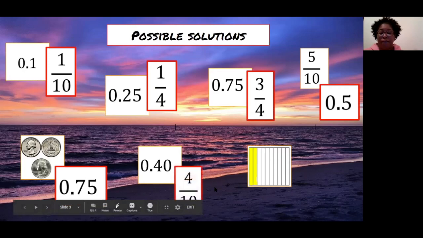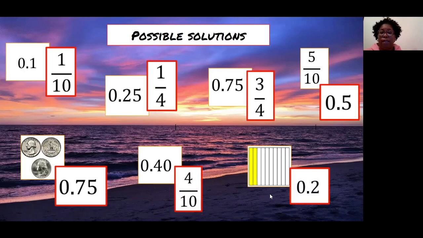Some of you may have written 4/10 because you remember that they name the same part. They're just written differently. They're represented differently. And 2/10, 0.22. How did you do? Great job. Let's keep moving.